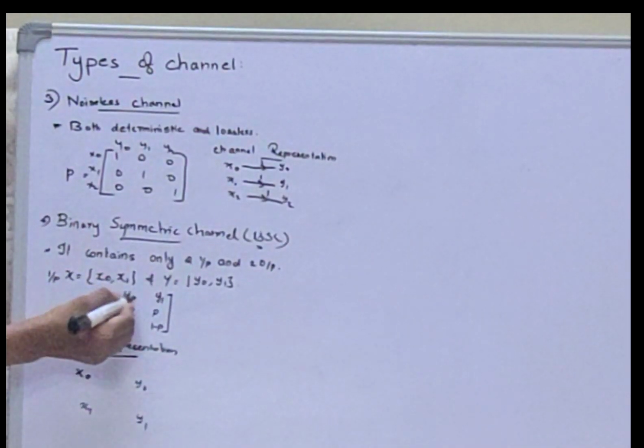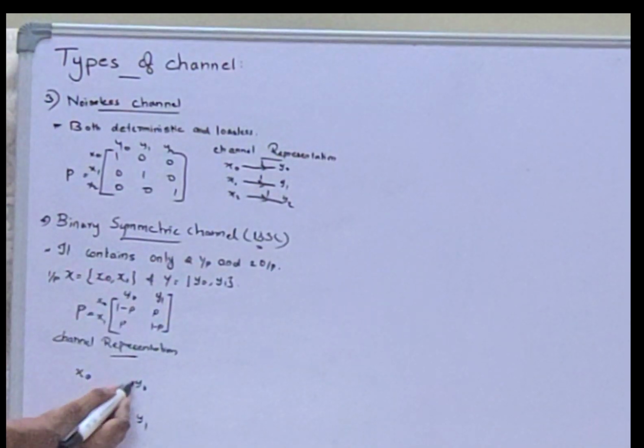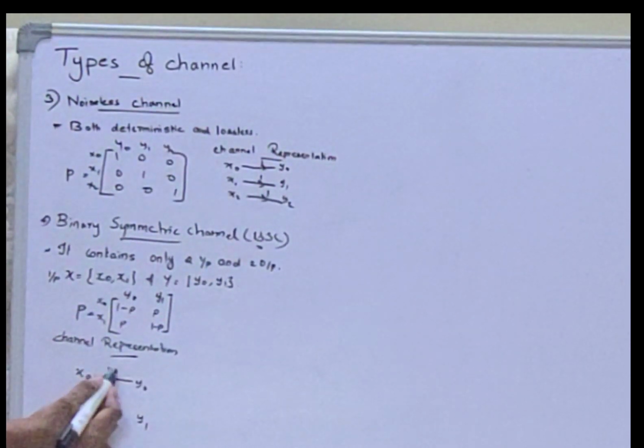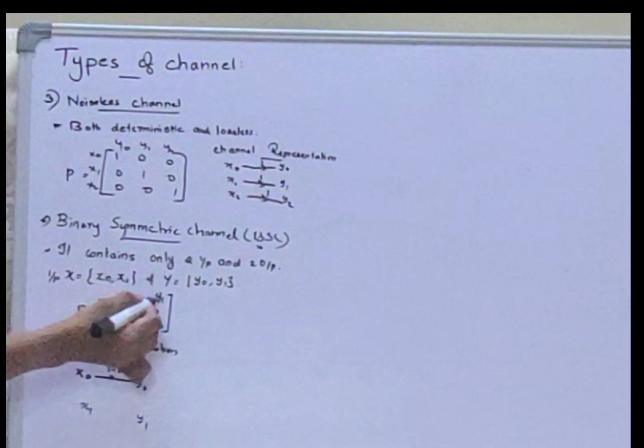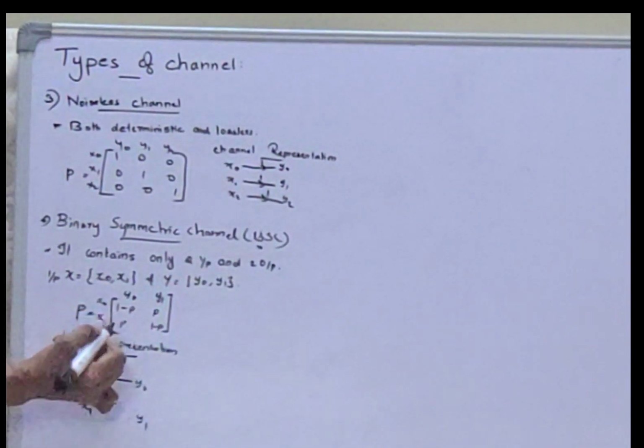So the probability of y0 when x0 is transmitted is 1 minus p. Likewise, the probability of y0 when x1 is transmitted is p.